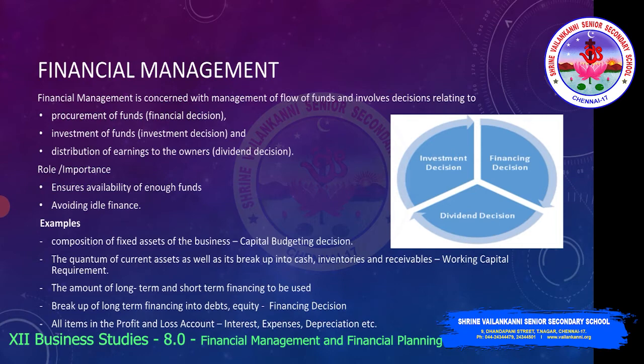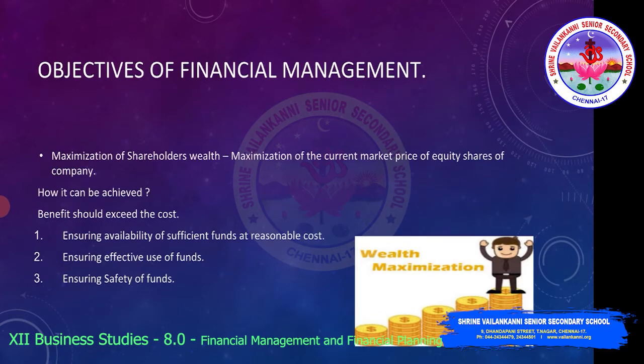So financing decisions will deal with all these things so that finance can be managed properly to maximize the shareholders' wealth. The objective of financial management, as I told you previously, is maximization of shareholders' wealth, maximization of current market price of equity shares of the company.